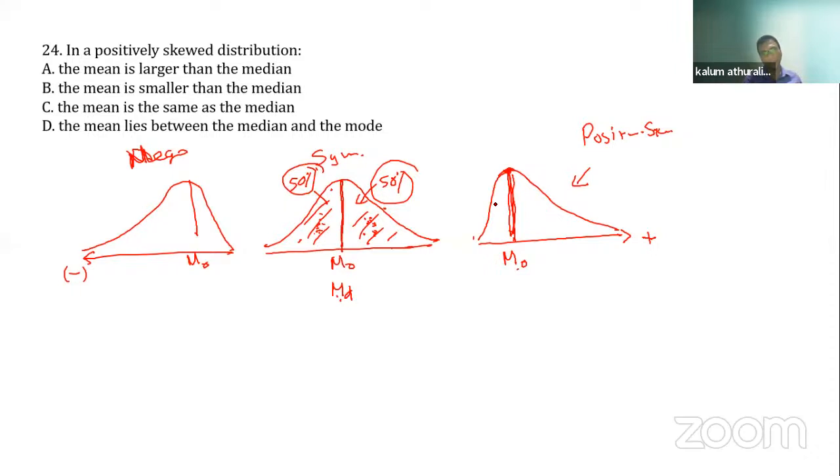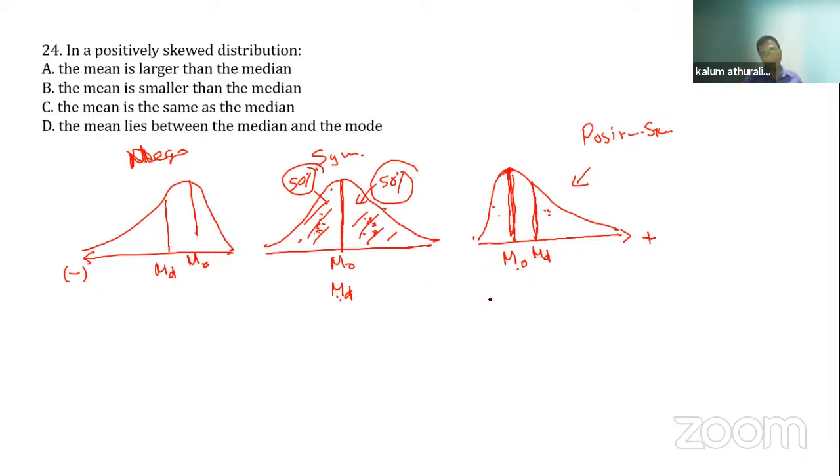But here it is not the same area. This area is greater than this side. Therefore, the median should be here. Using this line, both areas should be equal. The median line again, both areas should be equal. The median is here.